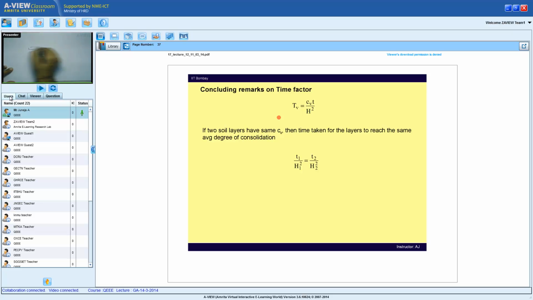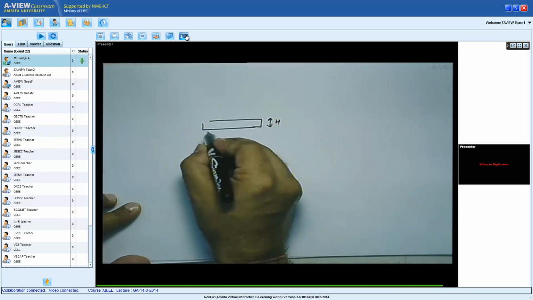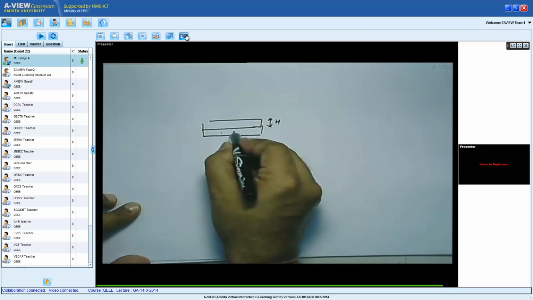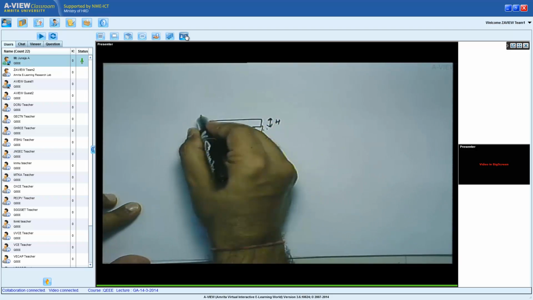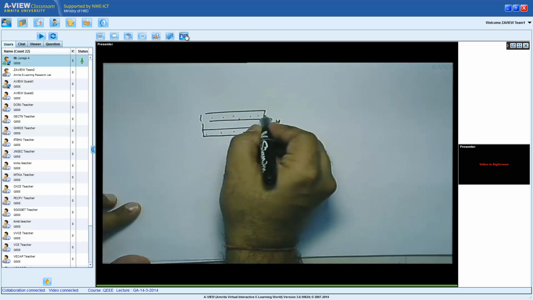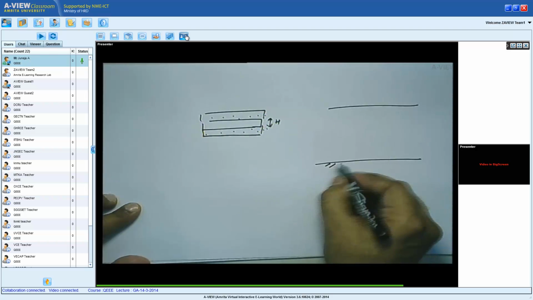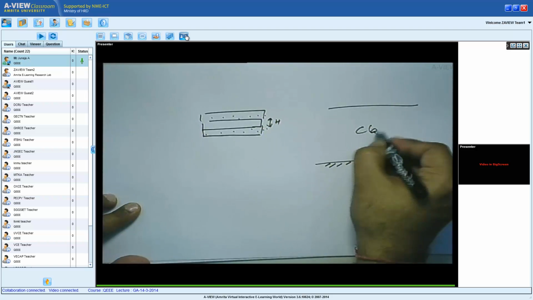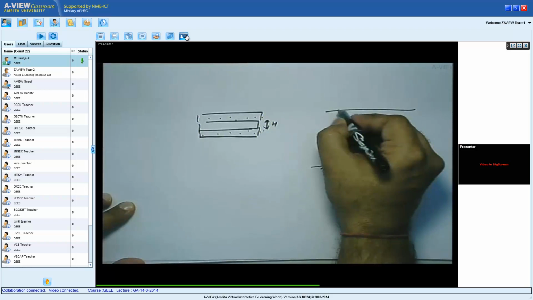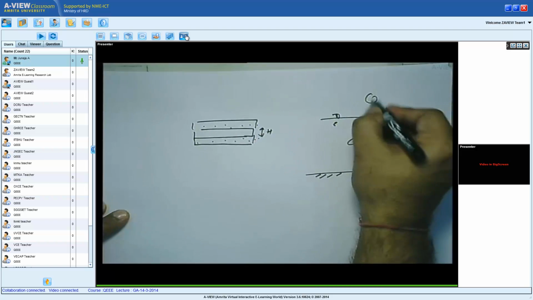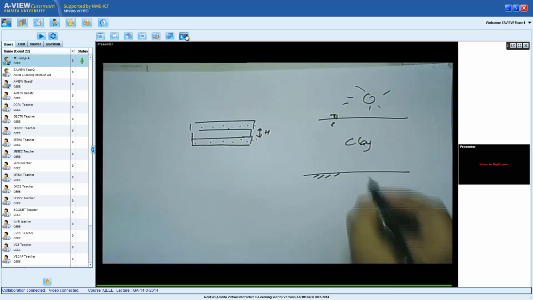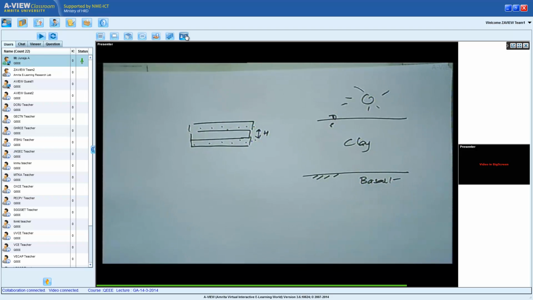If I have a lab test sample over here, and this whole thing is H, remember in a laboratory test I may have a porous stone at the bottom and a porous stone at the top. This is my lab sample, and in the field this is my layer, so clay, and this is exposed to atmosphere. So I have a sun over here, so it's exposed to air, and at the bottom, let's say this is basalt rock, impervious rock.